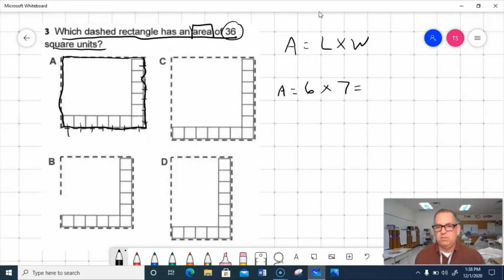So what is 6 times 7? Okay, that sounds right, but what we can do is show you the trick on it. We've done it before on another problem. If I know what 7 times 5 is, 35, and I add 7 more to it, 35 plus 7 is 42. So 6 times 7 is 42, and that's square units.